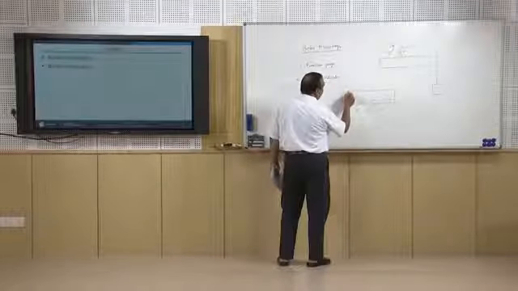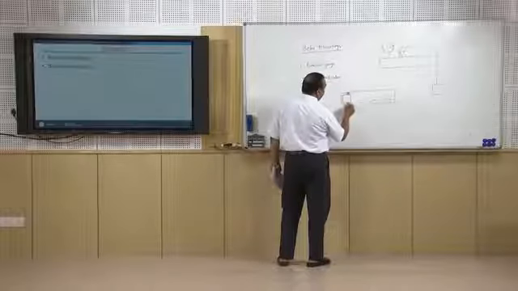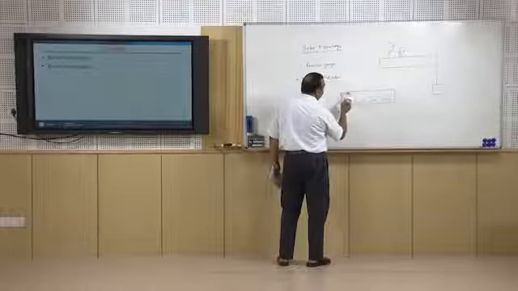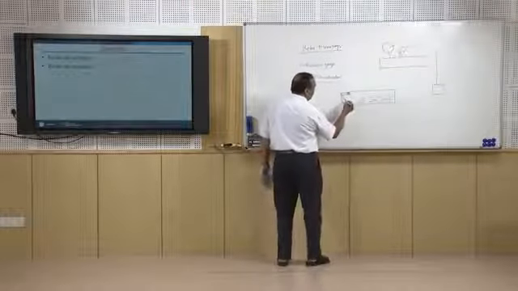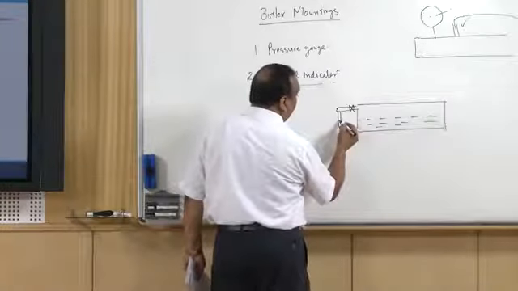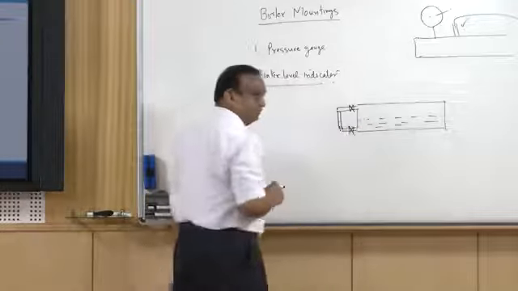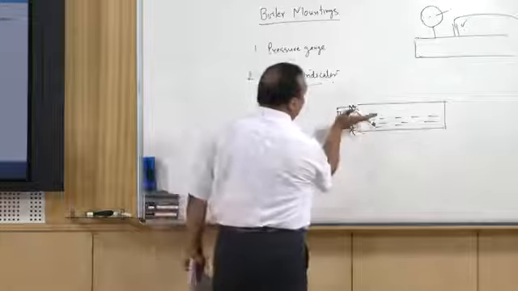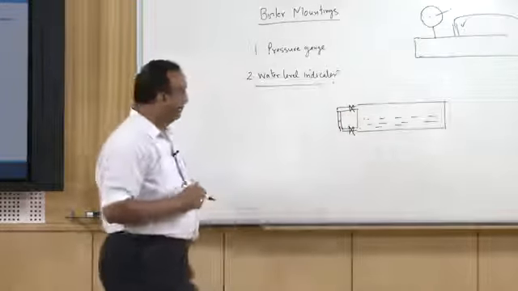Here there is a valve to close the supply, here also there is a valve, and this is a glass tube. Whatever the level is, because water likes to maintain its level, this level can be displayed here outside the boiler. So the operator can see the level of water inside the shell.